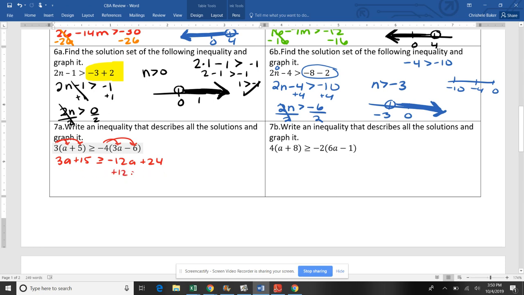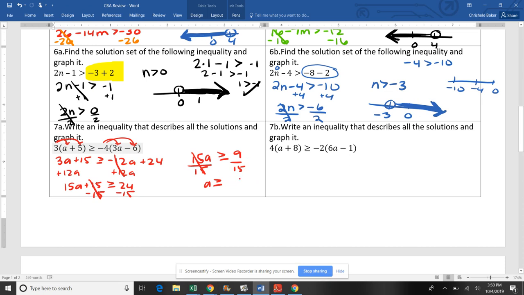I'll have to add 12a to both sides to get my variable onto the left. So that's 15a plus 15 is greater than or equal to 24.